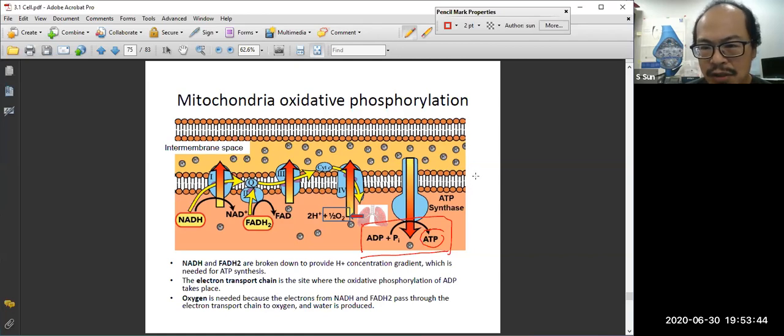Here is the location of the inner membrane. As I told you before, the inner membrane is a key place where these proteins, called the electron transport chain, are located. This is an electron transport chain. They are located in the inner membrane.